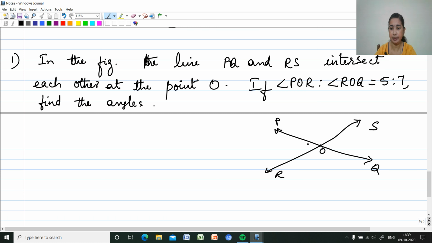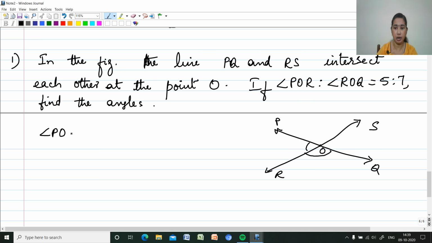We know that these are vertically opposite angles. Angle POS will be equal to angle ROQ, and angle POR will be equal to angle SOQ. The ratio of angle POR to angle ROQ is 5:7, and we must find the other angles. We know POQ is a straight line.